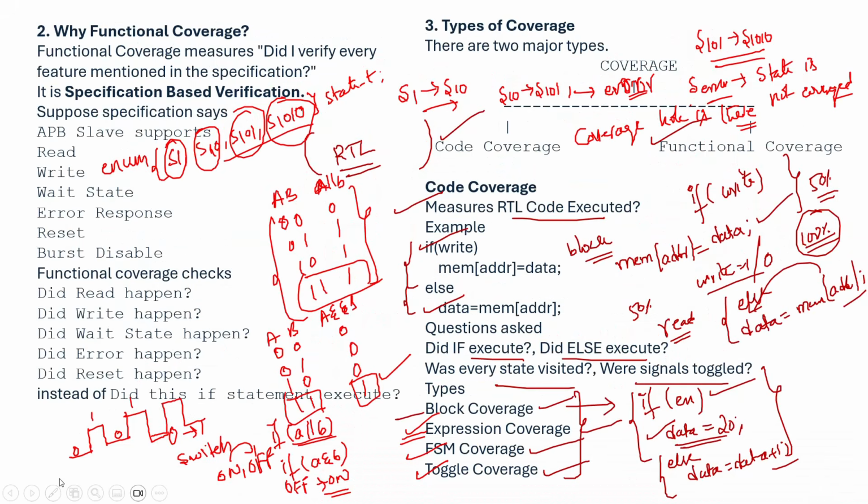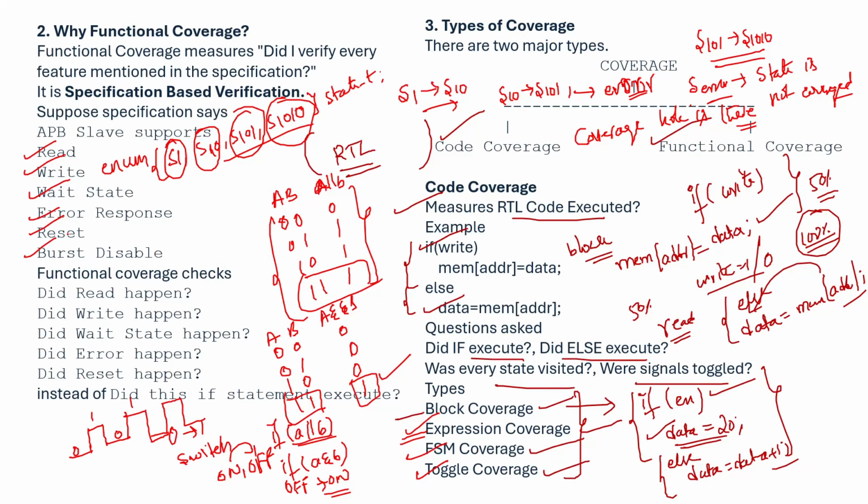So you are verifying some I2C protocol or APB protocol. In that, I need to check whether read is happening or not, write is happening or not, wait state is happening or not, error response is happening or not, reset and burst.